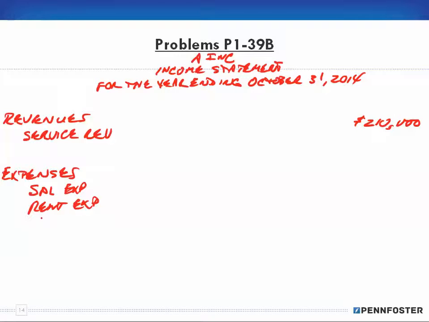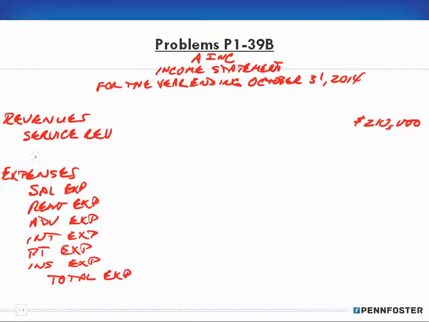Right? I have advertising expense. I have interest expense. And again, I'm just abbreviating. So I have property tax expense, and for expediency purposes, insurance expense, and when I add those all up, I have a total expense.